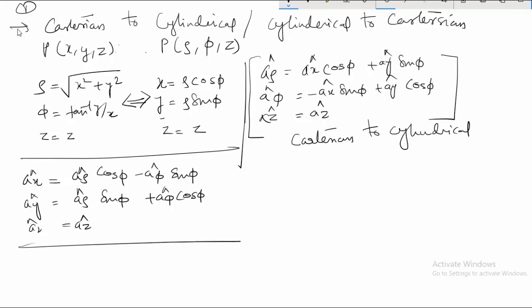So this is how you can convert from cylindrical to Cartesian when you know the unit vectors.